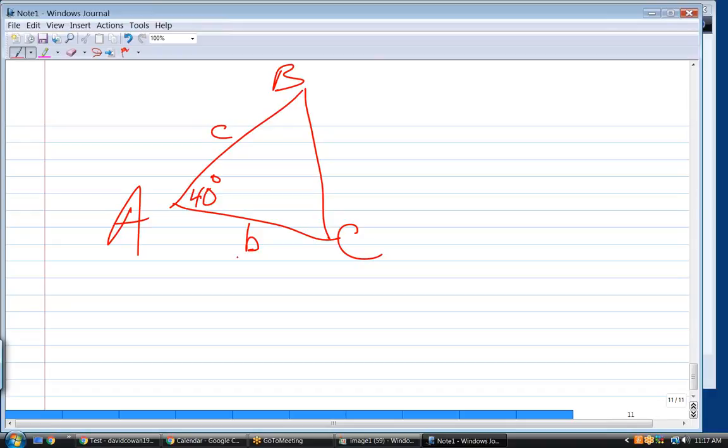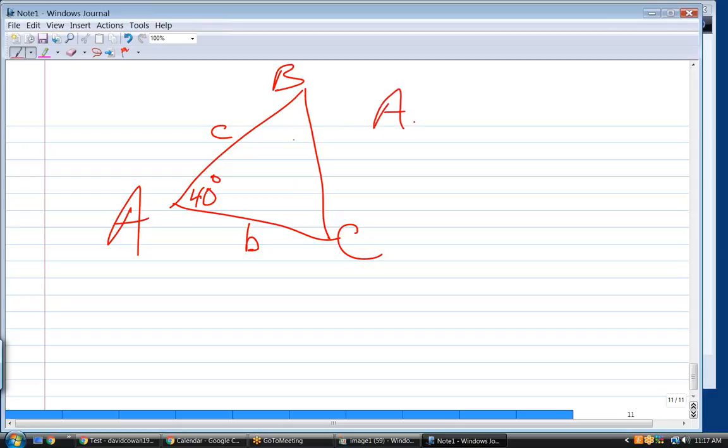In other words, area is base times a vertical height, right? And I don't have the vertical height here. So there are three area formulas.